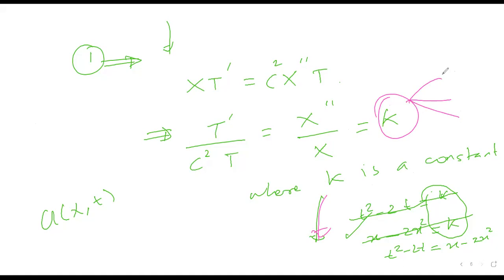So there are three cases we are going to analyze. What if k is equal to 0? What if k is a negative value? What if it is a positive value? In that sense, we are going to find our finalized solution. That is our process. After that, we are going to analyze this k in terms of three cases.